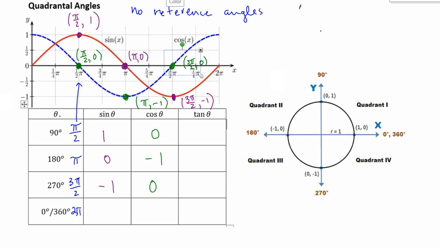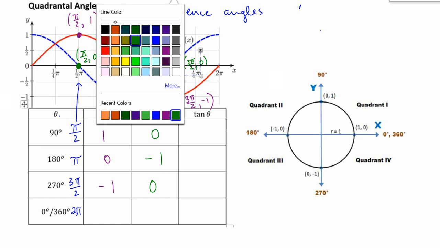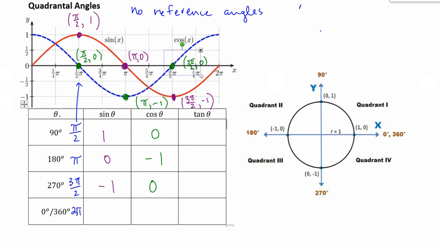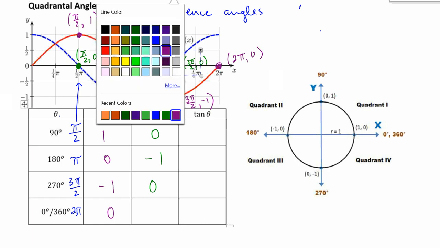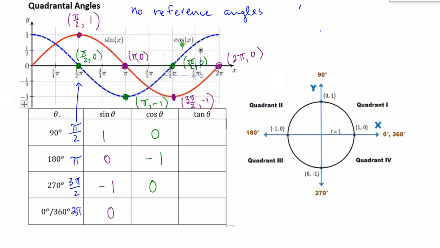All right, moving on to 0 or 360. Doesn't matter which one you do. I tend to do the 360, the 2 pi, just so we can keep going to the right. So sine graph is right here. That point would be 2 pi, or 360, and 0. Okay, for the cosine, looks like it's this point right here, 2 pi and 1. Okay, there are your sine cosine values for the quadrantal angles.